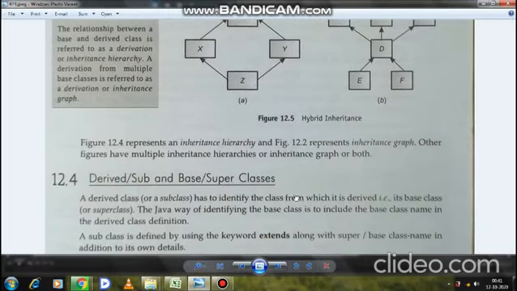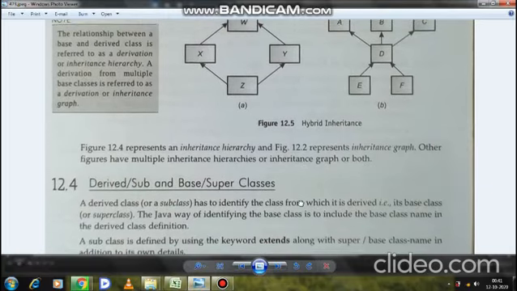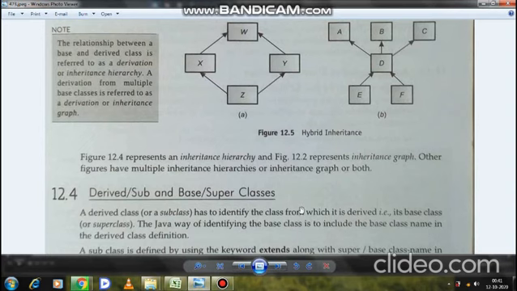Now see, the next thing is derived class or subclass. We already came to know that in inheritance a base class is there, and from the base class we are deriving the subclass or the child class. That's fine.